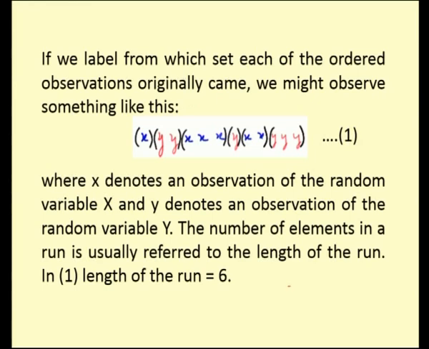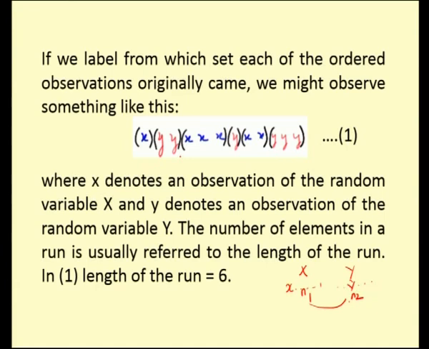For example, you have got some particular values for x and some particular values for y, where sample 1 has size n1 and sample 2 has size n2. Combine these n1 and n2 and arrange them in order. When you arrange it, you combine all the x and y terms.